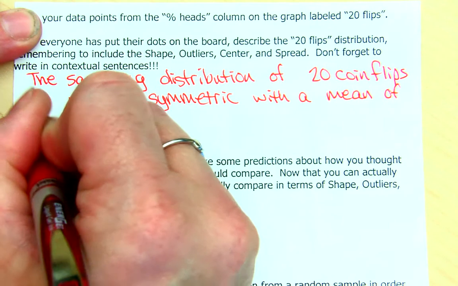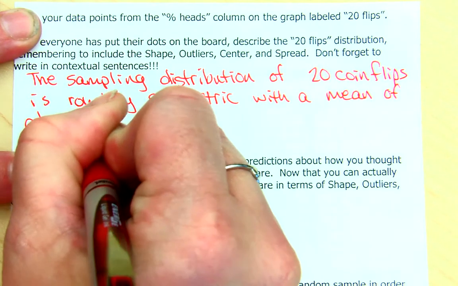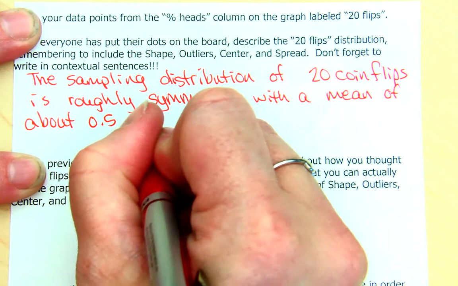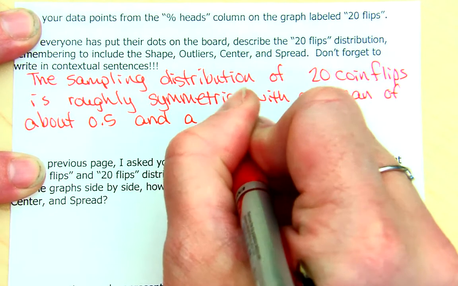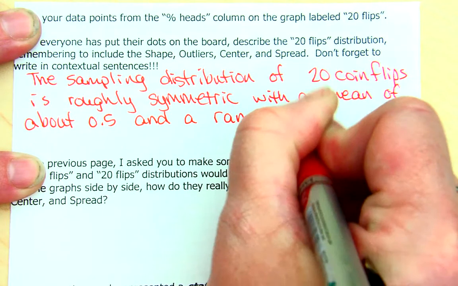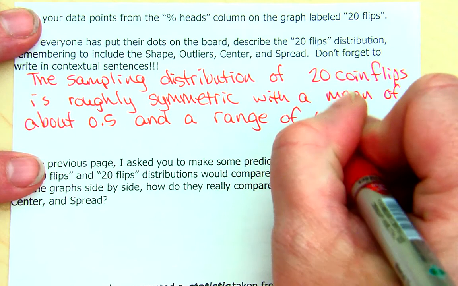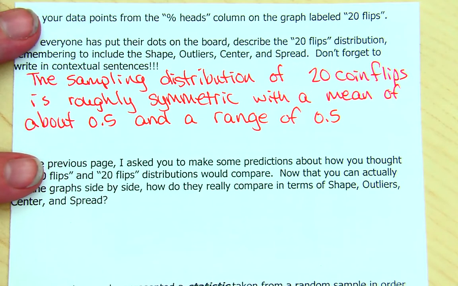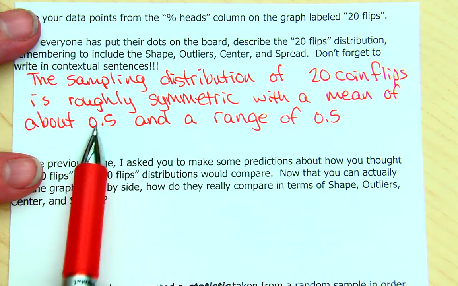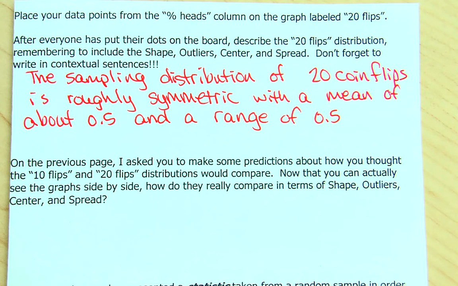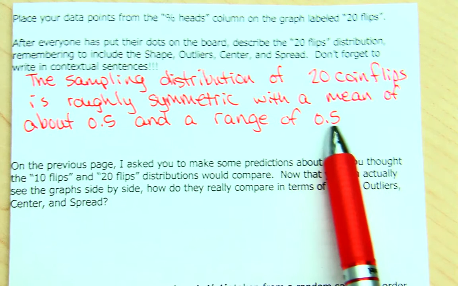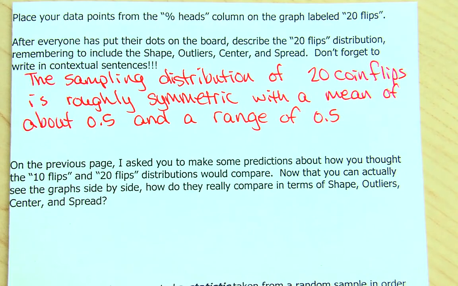The mean of about 0.5 again. I didn't look at what the range was. Somebody over at table 1, what's the range? So the range is a lot smaller. Shape, both of them symmetric, mean about the same, but our range is half of what it was before. So it's really narrowed it down.